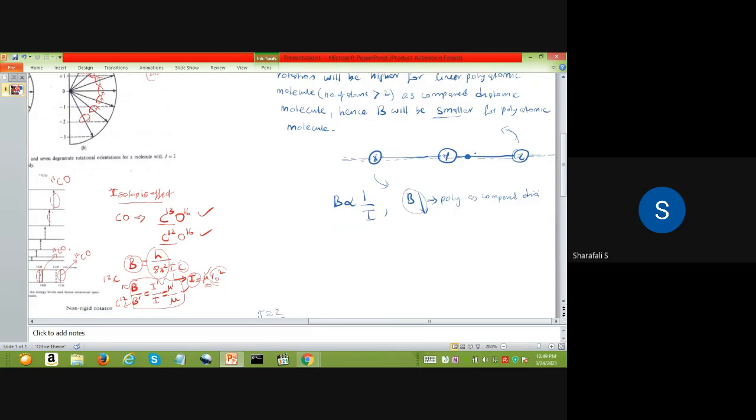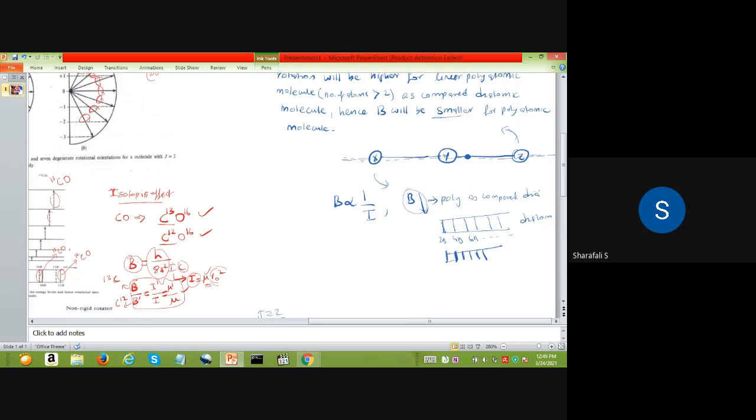In the rotation, if you are considering only rotation, then we have separations like this. The first one is 2B, then 4B, then 6B, etc. This is the case of a diatomic molecule, and the next one will be having the same kind of spectra, but the separation between these two will be smaller.